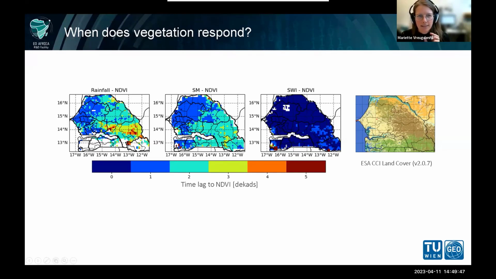Then this time lag becomes shorter between surface soil moisture and NDVI, where it's only 20 days, so 2 to 3 weeks, basically. And then the shortest time lag or no time lag is seen between the root zone soil moisture and the vegetation data set. And this is basically what we would expect, right? So we see the biggest lag or shift between rainfall and NDVI, and then soil moisture, and then root zone soil moisture.